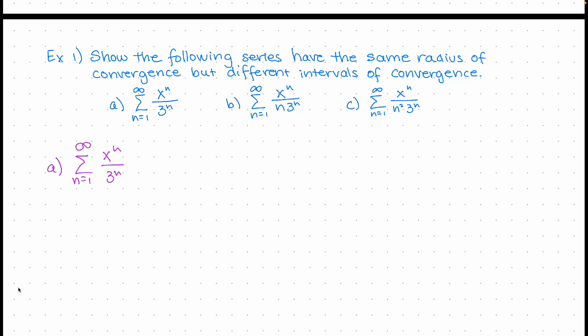So, I'm going to let a sub n equal that argument, x to the n over 3 to the n. Then, according to the ratio test, we're going to use the limit as n approaches infinity of the absolute value of a sub n plus 1 over a sub n. And then we're just going to start working it out.